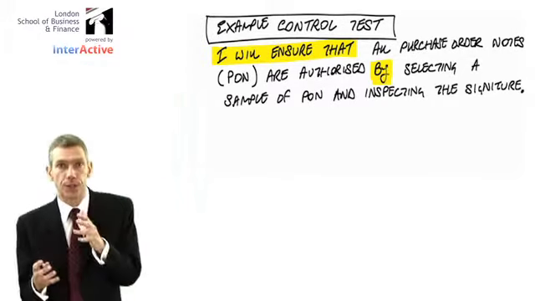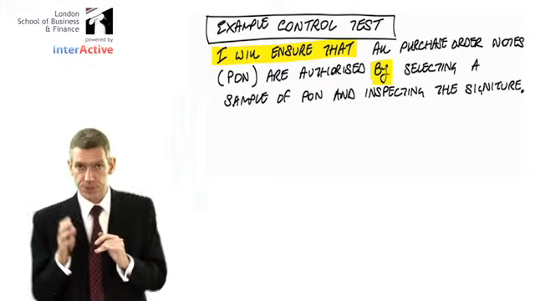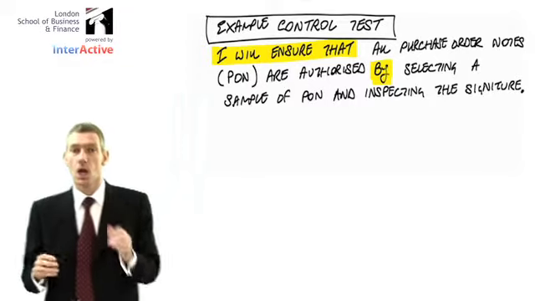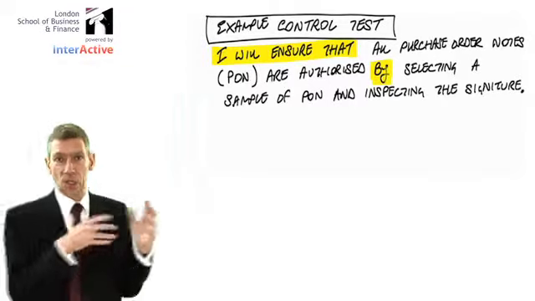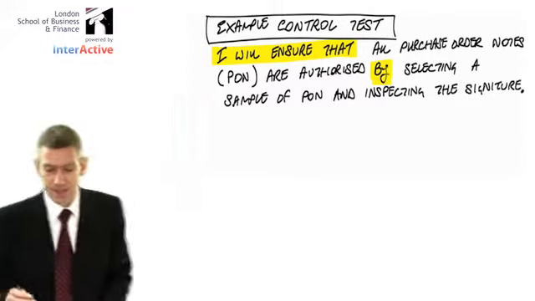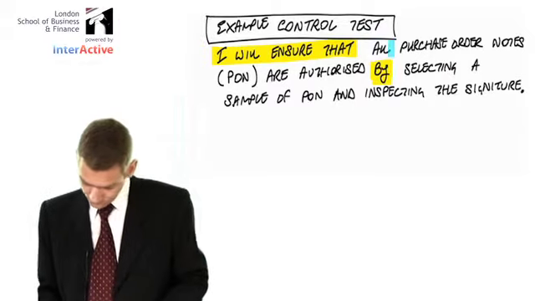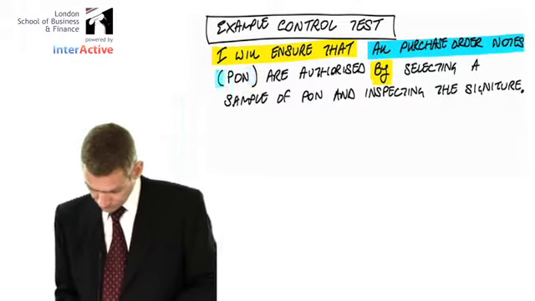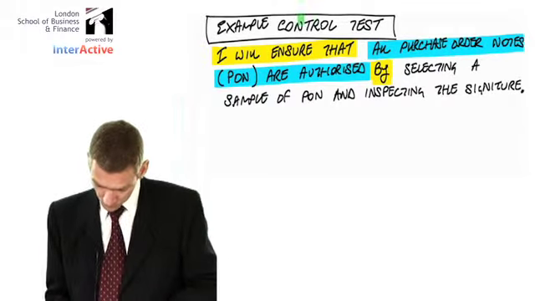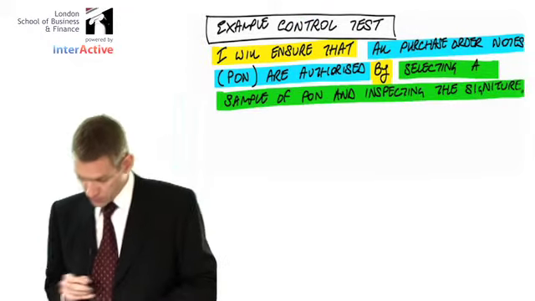That is the nature of all control tests. They all go, I will ensure that, by. Okay? I need a bit more colour. Nice colours. They almost match each other.